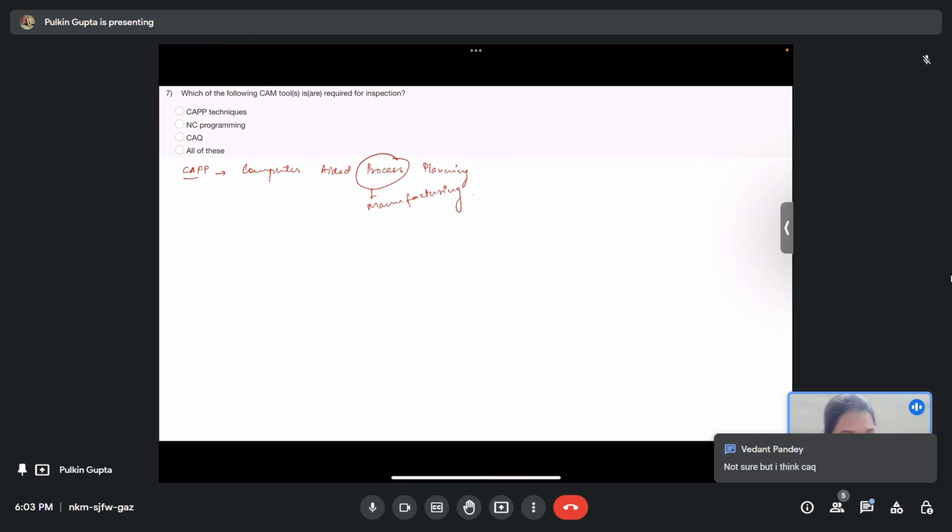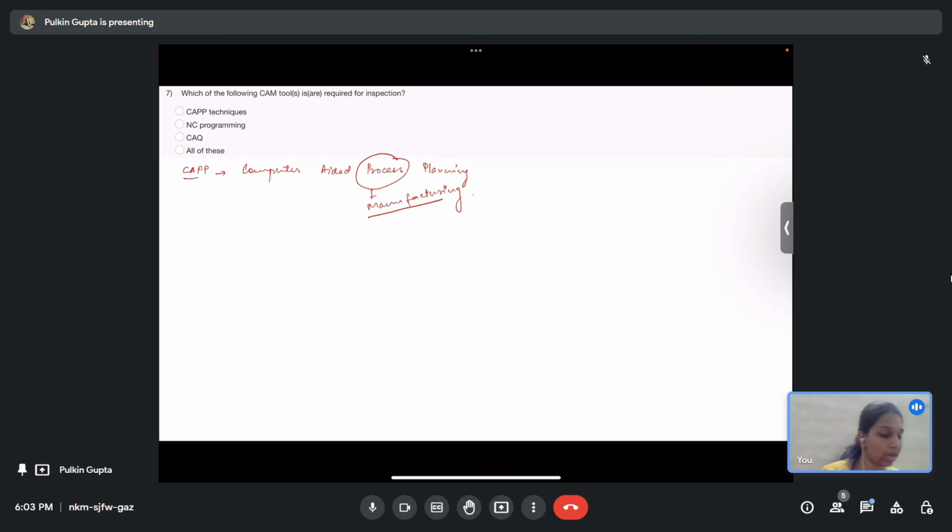It is CAQ. CAPP helps you to define the manufacturing process, as to you need to turn your component first, then drilling, then maybe milling, etc. So what should be the flow of events in a manufacturing cycle, that is decided by CAPP.